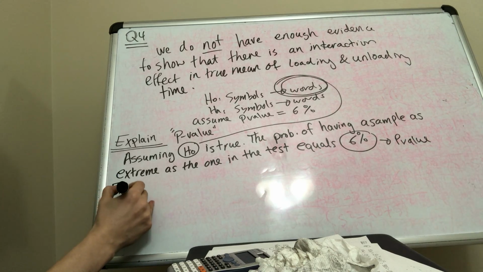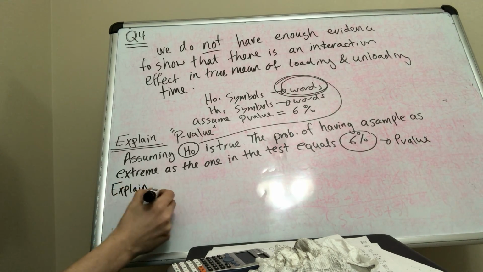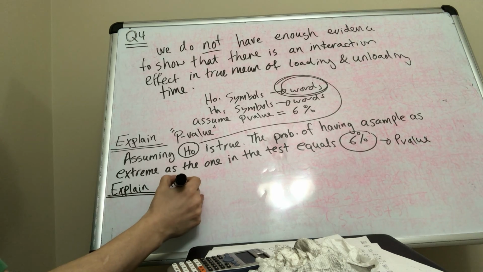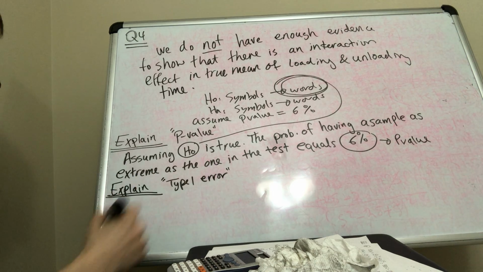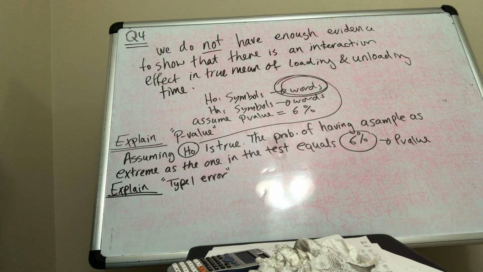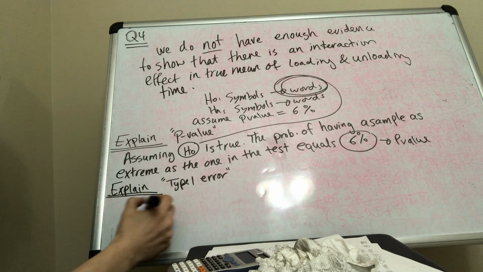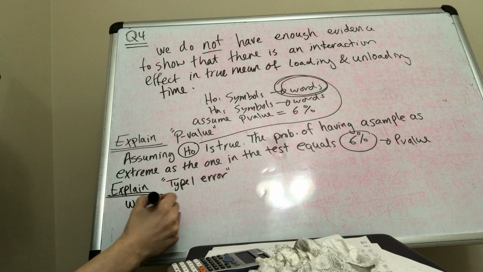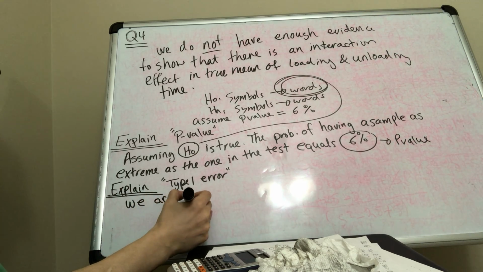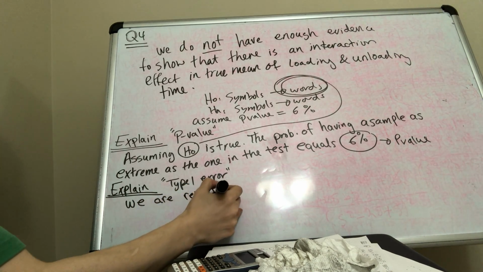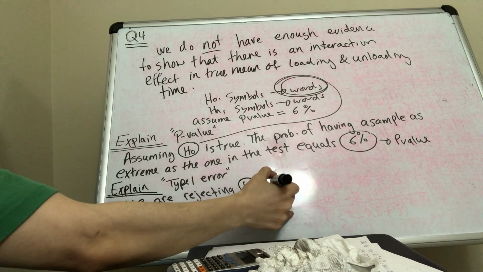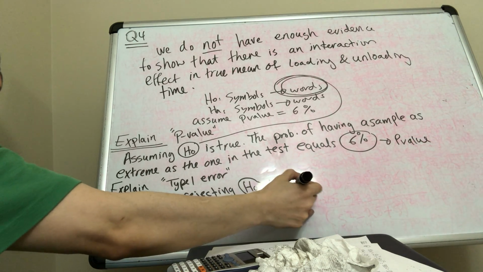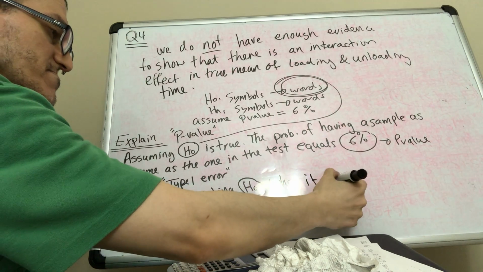What if they asked you to explain type 1 error? Type 1 error, if you're asked to explain it, you say this. We are rejecting H0 when it could be true.